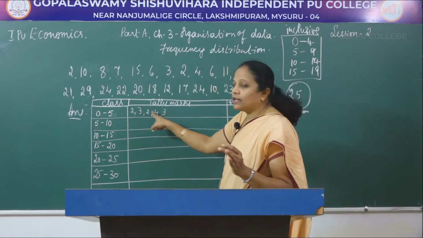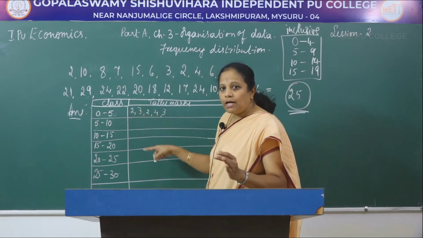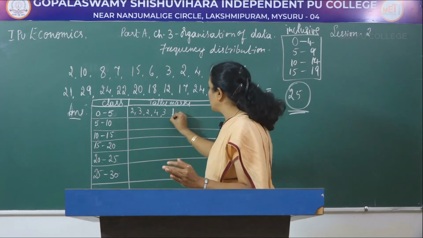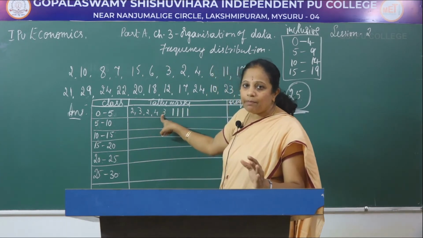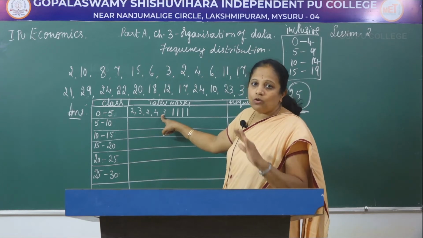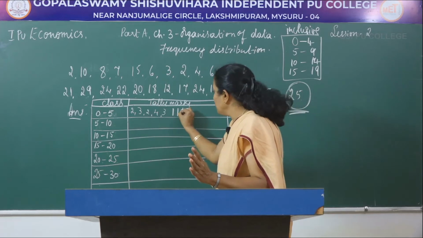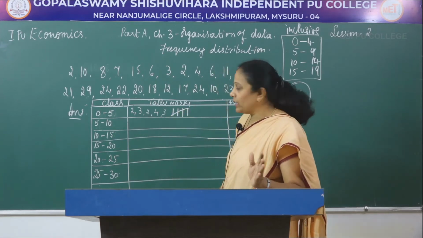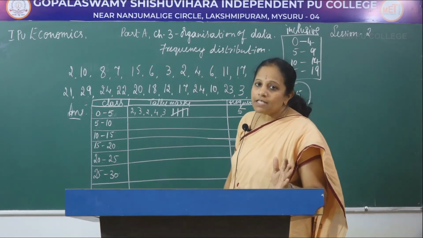Therefore, totally there are 5 numbers that come under this class, and for that we are marking the tally mark. You need not write this, just as an example for the first one I have written this. So, 1, 2, 3, 4 and the fifth one is a cross mark. So, there are totally 5 frequencies in the first class.